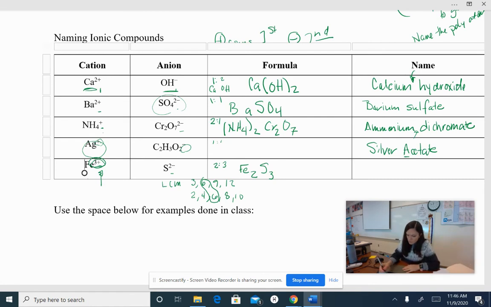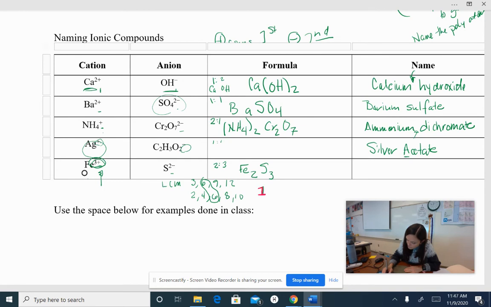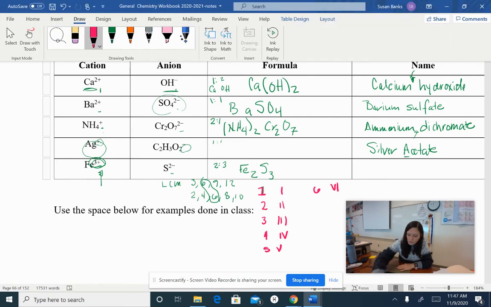Do you remember your Roman numerals? Let's just do a really big review. 1 is going to look like an I. 2 is going to look like II. 3, III. 4, IV. 5, V. 6, VI. And you really don't need to have any Roman numerals beyond 6. Okay? So hopefully that was a lot of review for you.